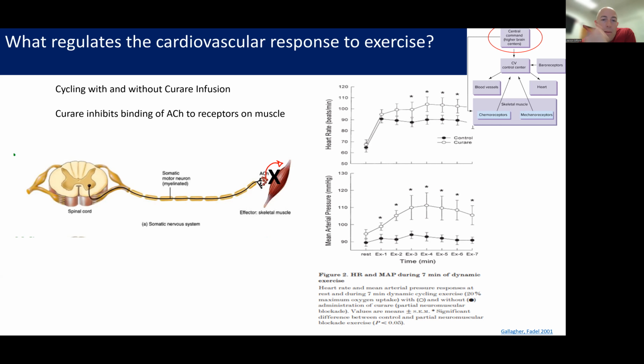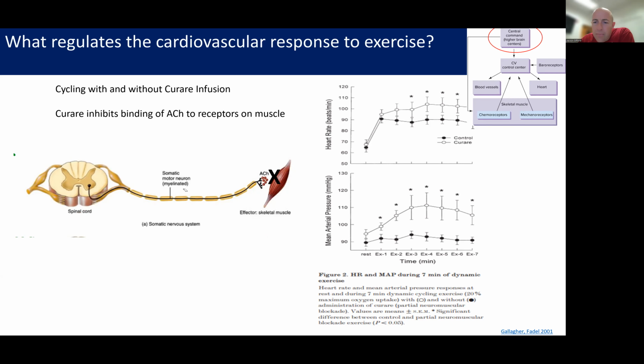So by poisoning these people with curare and having them do the same amount of exercise as before, they're making the brain send twice as many action potentials down the motor neuron just to do the same amount of work, same amount of ATP consumption, because this junction right here, the communication, is impaired. So you've got to have twice the signal to get the muscle to respond the same.